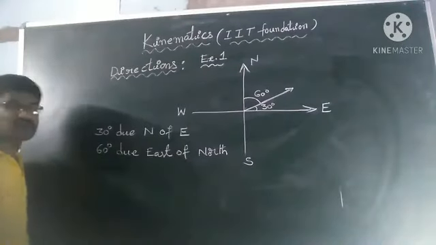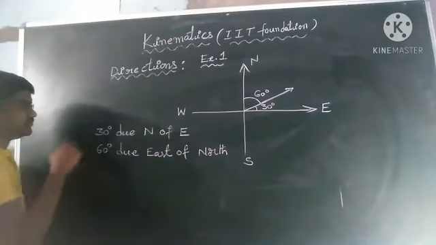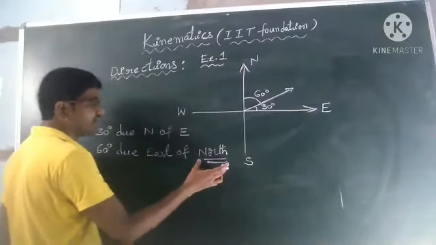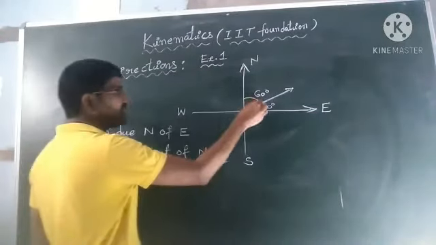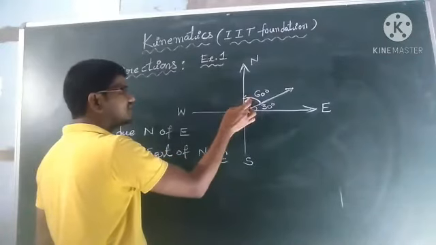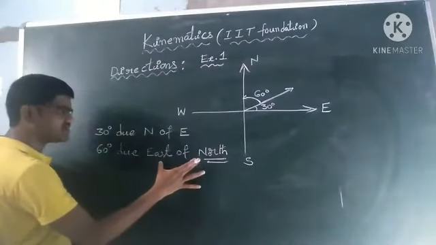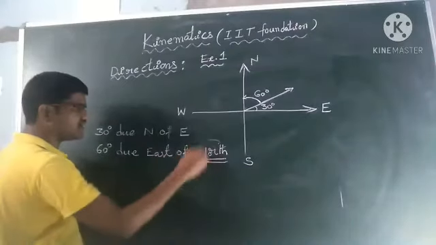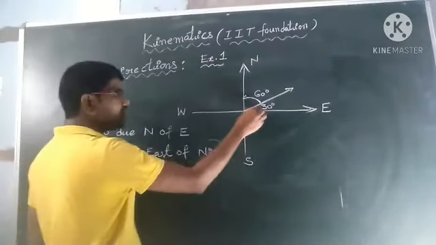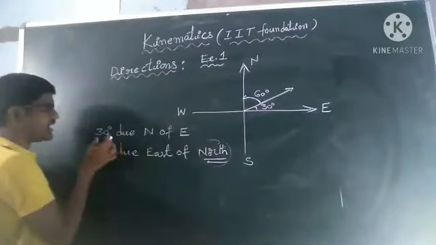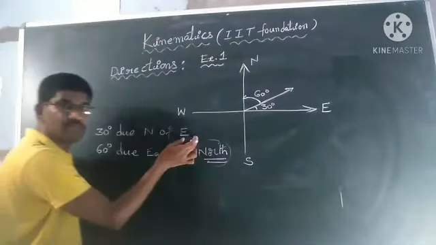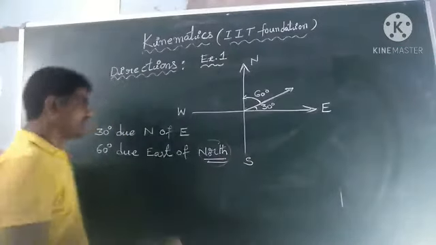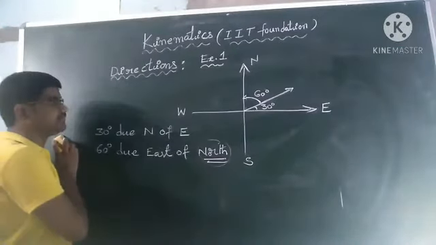With whom it is making the angle, that should be mentioned at the end. So it is lying in east and north merged and making an angle of 60 degrees with the north. Or you can also say the same thing is making an angle of 30 degrees due north of east. And now we can see 3 more examples very clearly.